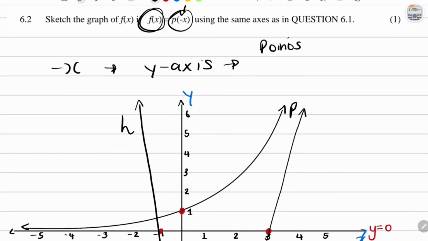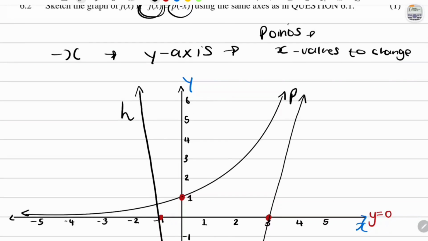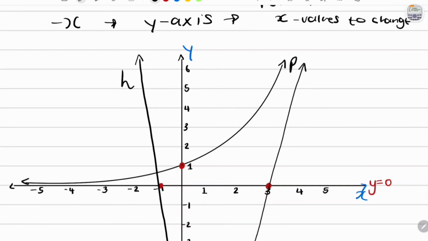What's going to happen is that your x value will change. So reflecting across the y-axis causes all the x values to change. When I say change, I really just mean that they're going to become the negative of it. You're really going to take whatever x value you have.